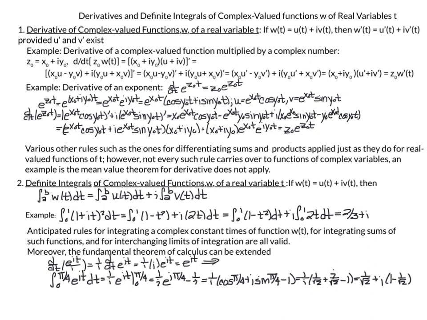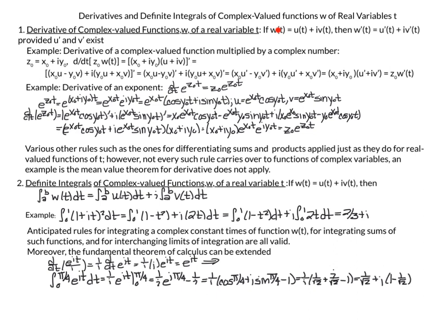To review what we've looked at in this video, we looked at the derivative of complex valued functions of a real variable t. We saw that we can separate our function into a real portion and an imaginary portion. This v is a real function that we multiplied by i to give us the complex function.